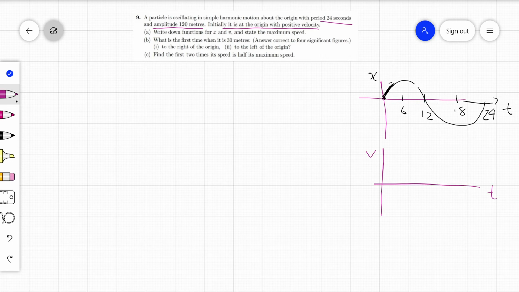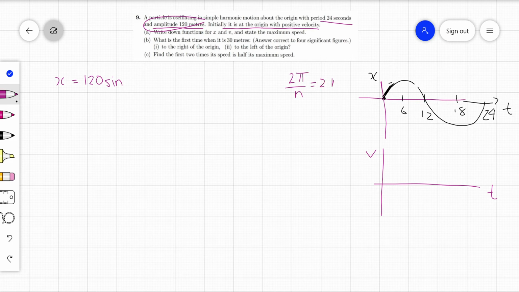So if that's the case, we can already write down a function of x, displacement. We can use sine. We've told the amplitude is 120 meters, so we know that's 120 there. And we know the period is 24. So remember, period is 2 pi on n.